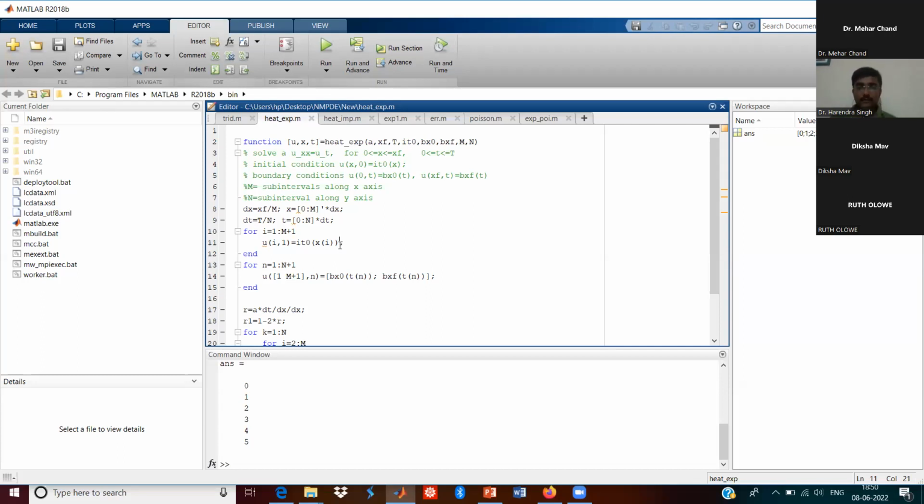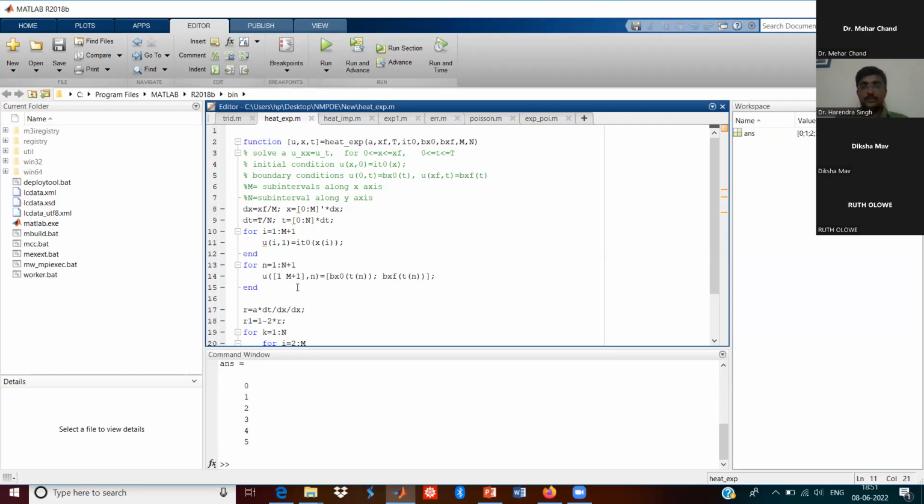So the program will run in the form of x_i, and for time, t_i. And in the boundary condition, bx0 of t_n and bxf of t_n, the functions are with respect to the time variable.